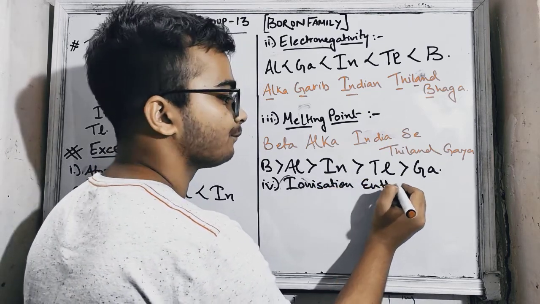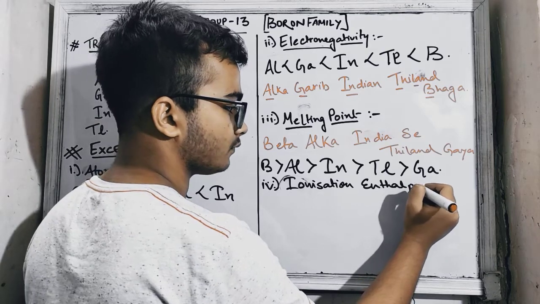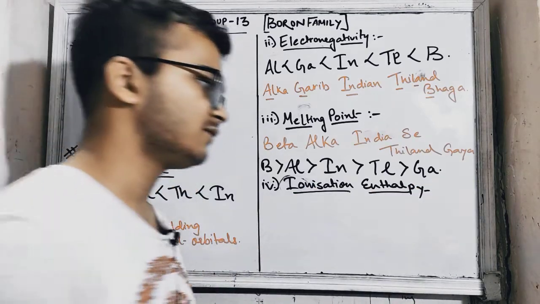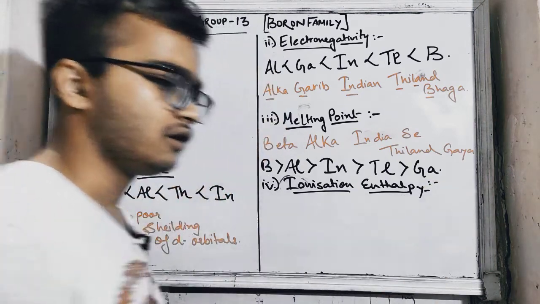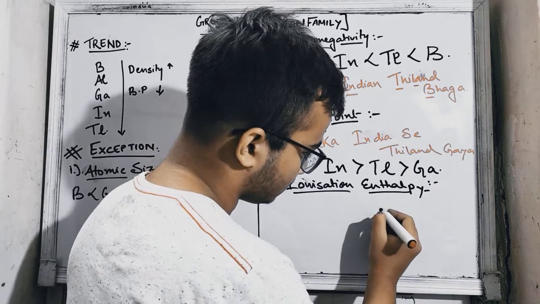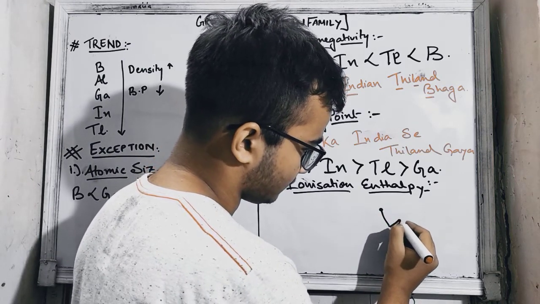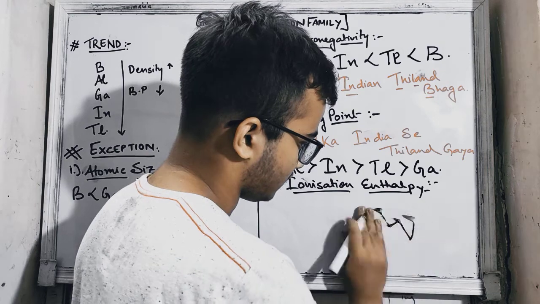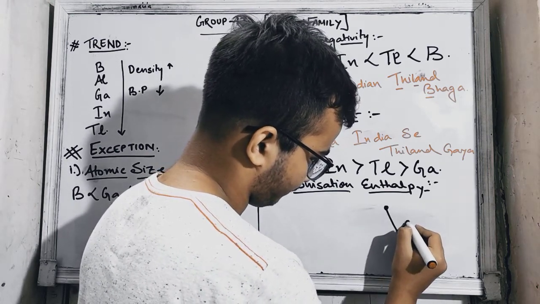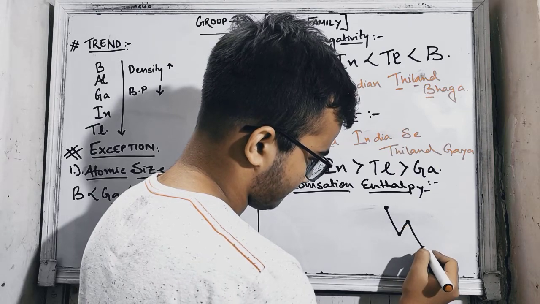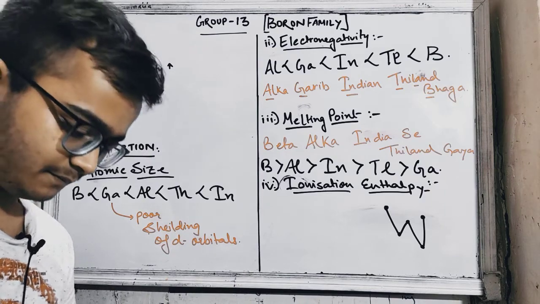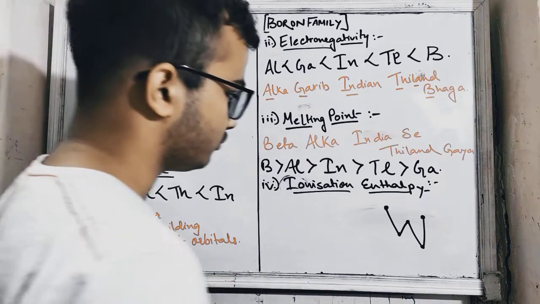For remembering this, there is a famous procedure, which is you have to draw a W. This is a special kind of W. It is like this. W will be this type.